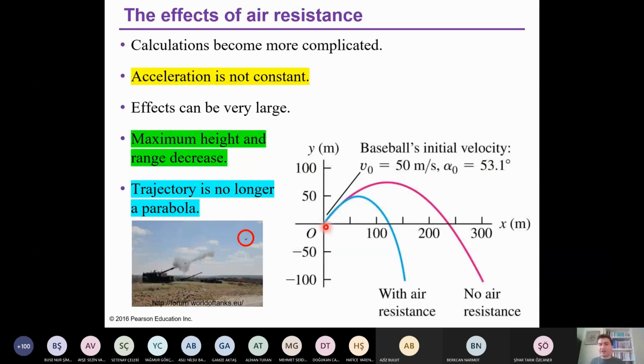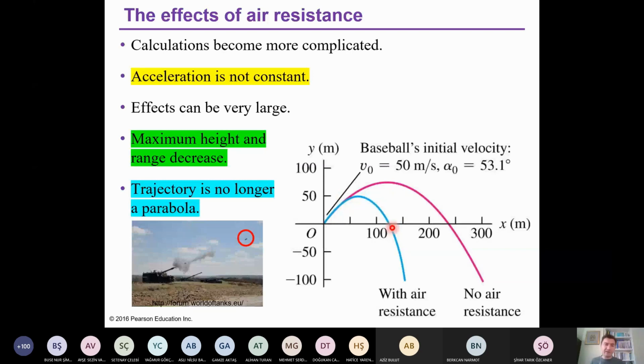This is the range if there is no air resistance, and this is the range if there is air resistance. And the behavior is not a perfect parabola now. This is a symmetric, very perfect parabola, but this is not a perfect parabola, okay?